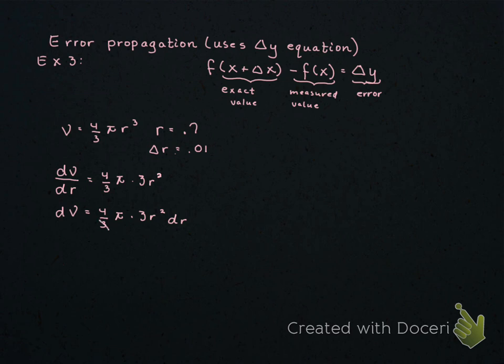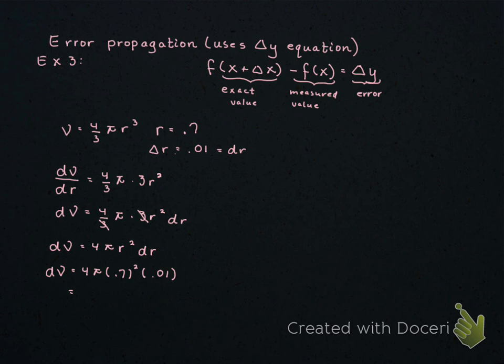Okay, now the 3's will very nicely cancel out, and we are left with the formula 4 pi r squared dr. Now dr is the change in the radius, which is also the same thing as delta r. Okay, so dV is equal to 4 pi times 0.7 squared times 0.01.